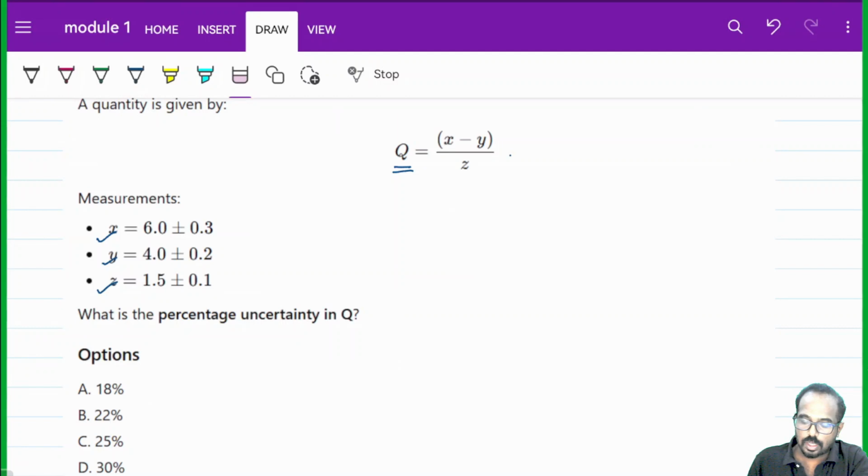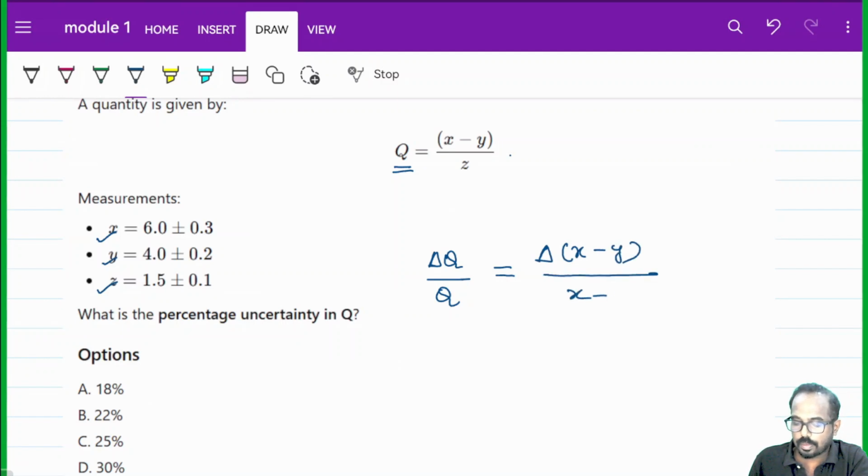The fractional uncertainty in Q, delta Q by Q, will be equal to the fractional uncertainty in x minus y plus the fractional uncertainty in z. If you multiply by 100, you will get the percentage uncertainty.